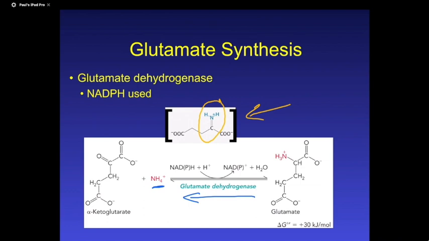Interestingly enough, when you attack this with NADPH, you're going to attack at the carbonyl. Even though there is a positive charge on the nitrogen, you will actually have the hydride attack because the intermediate that is temporary is a neutral nitrogen.